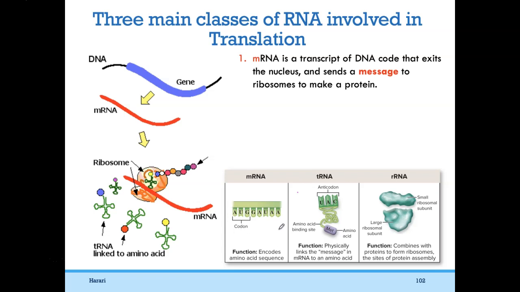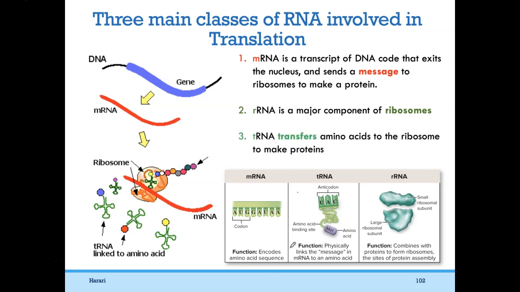So mRNA has codons of RNA nucleotides that specify an amino acid sequence. The next type of RNA is called rRNA, which is a major component of ribosomes. And the rRNA, along with proteins, make up ribosomes that allow amino acids to be assembled into functional proteins.